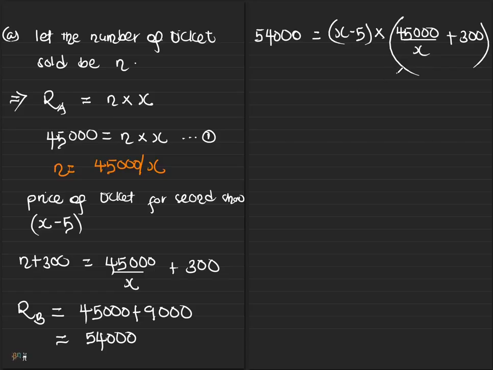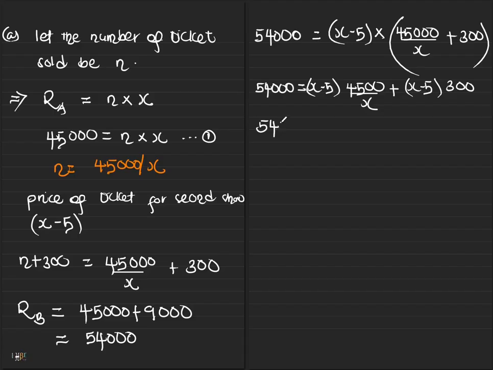Now, the first thing we need to do is to expand. So expanding, we still maintain 54,000 right here, and that is equal to, this is going to multiply this first term, and then it's also going to multiply this second term. So we have x minus 5 multiplying 45,000 over x, then plus x minus 5 also multiplying the 300 we have here.